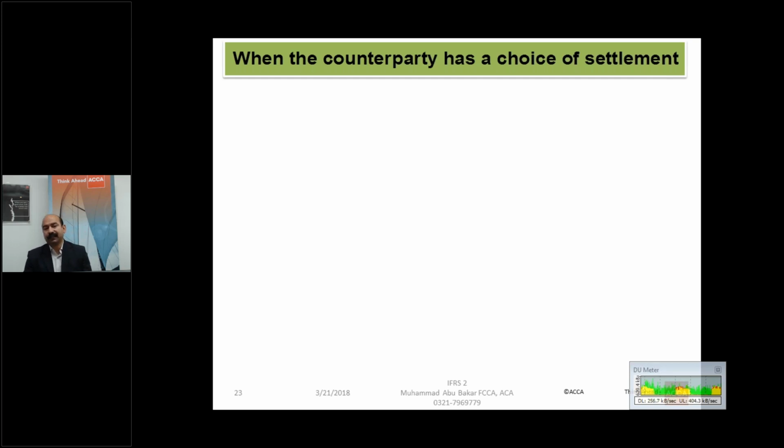Now the situation is there is a share-based payment that can be settled either in cash or equity instrument. And who will decide? The counterparty will decide. This means the company will not decide. So what will be the double entry?